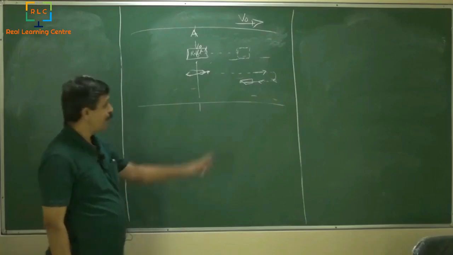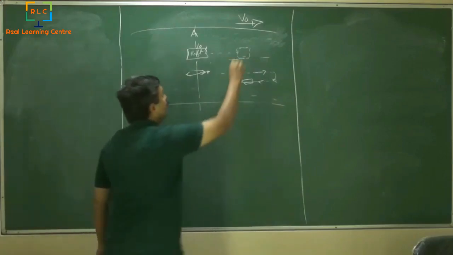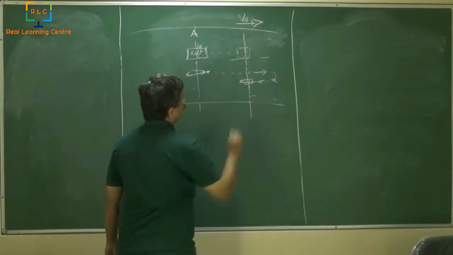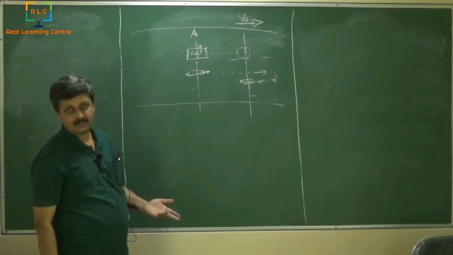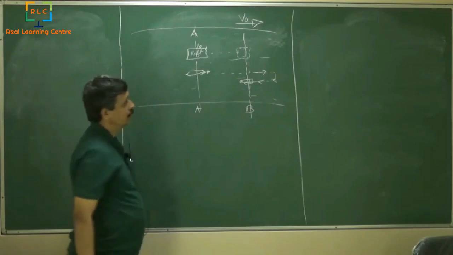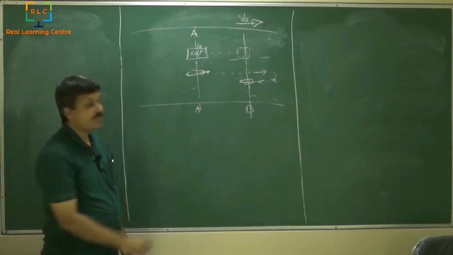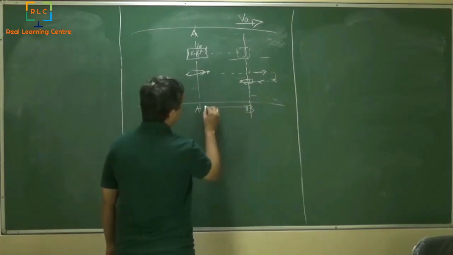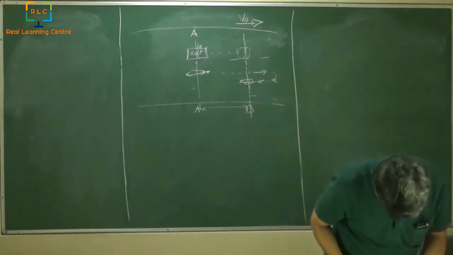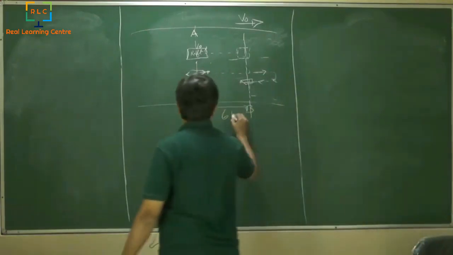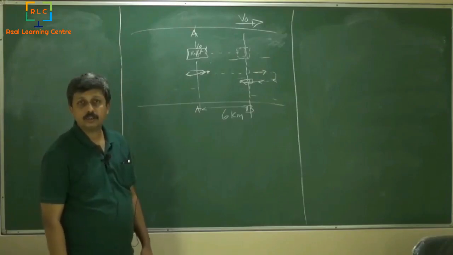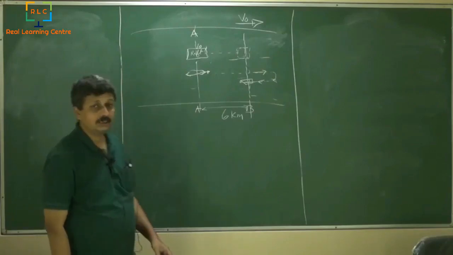So it passes the raft at some other point, let's say that point B. And we have been told that the distance between these 2 points is L. So what is our question?